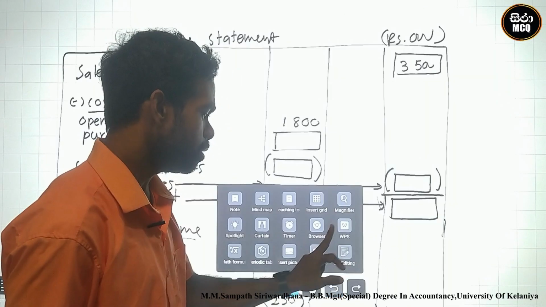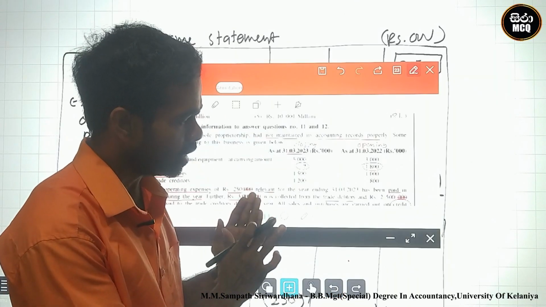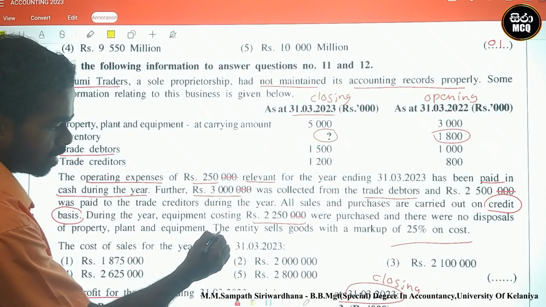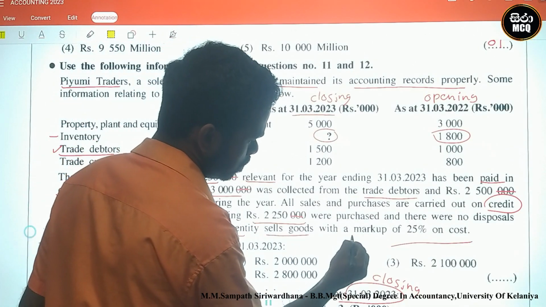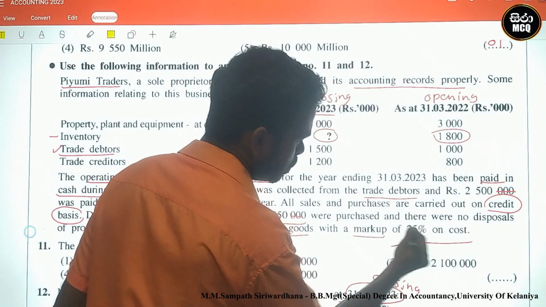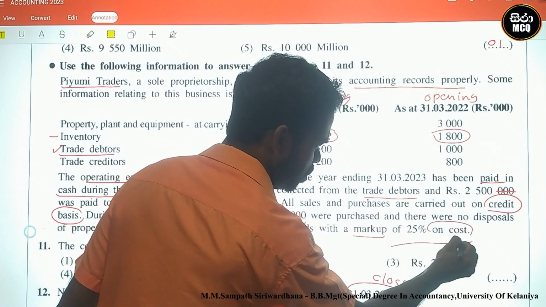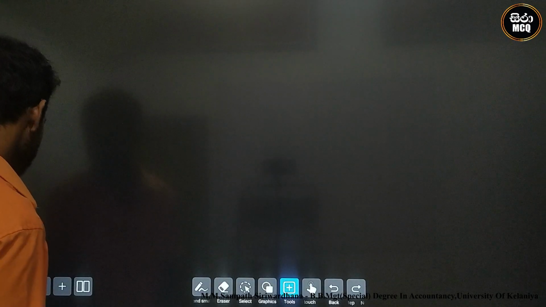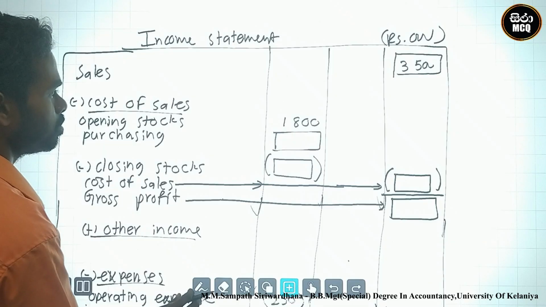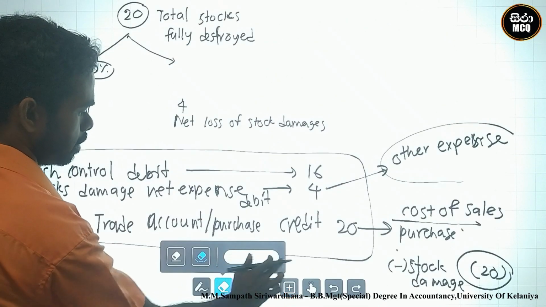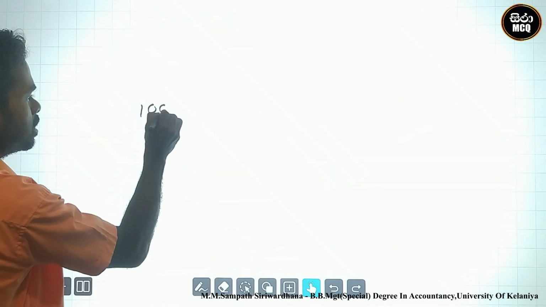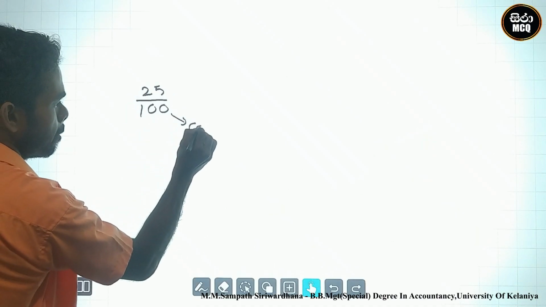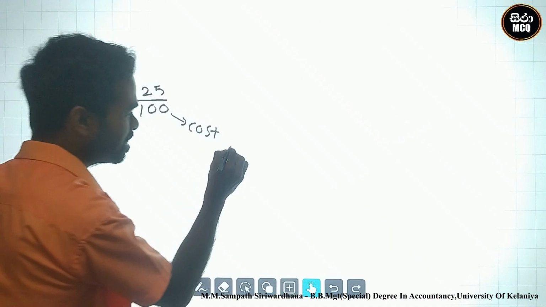These are the major categories of the trading account. At that time the question gives relations of major items using percentages. Look here, the entity sells goods with a markup of 25% on cost. What is the meaning? On cost means cost of sales.